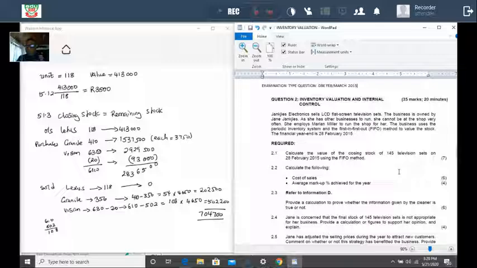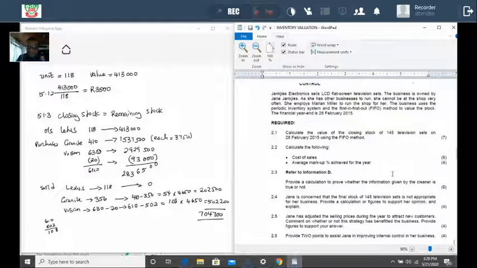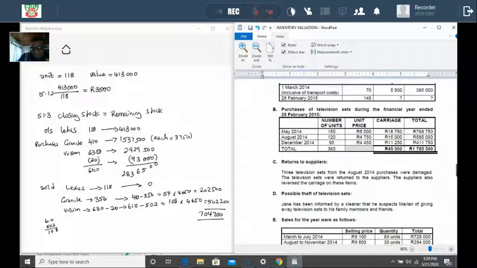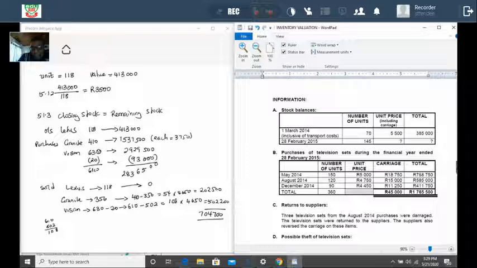So now we have to go down to the information, value of closing stock.